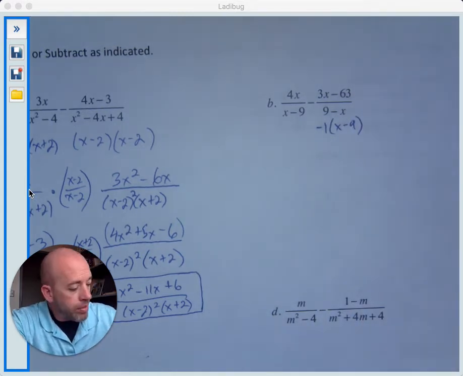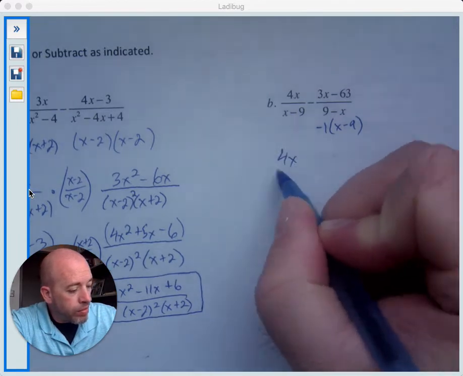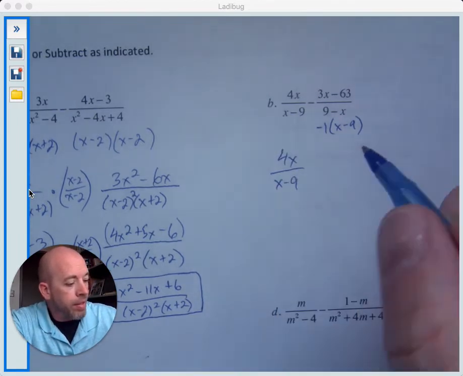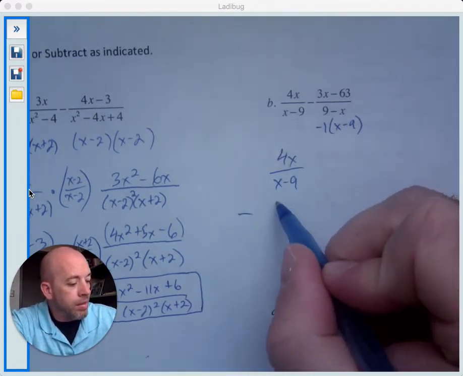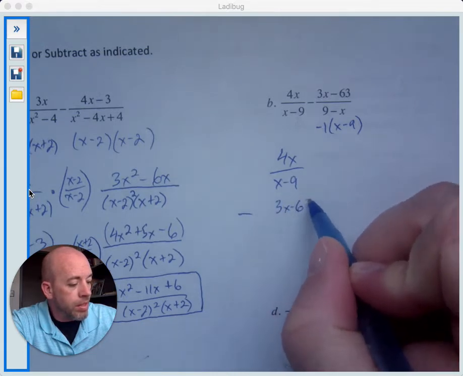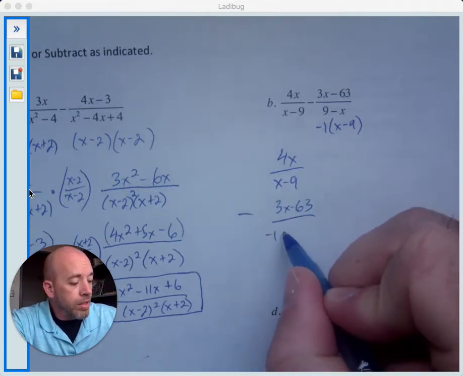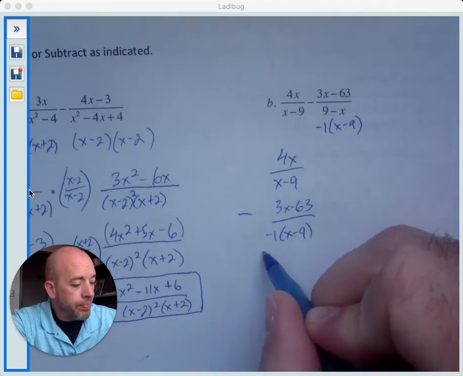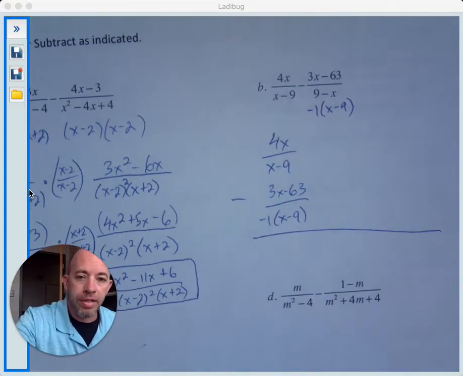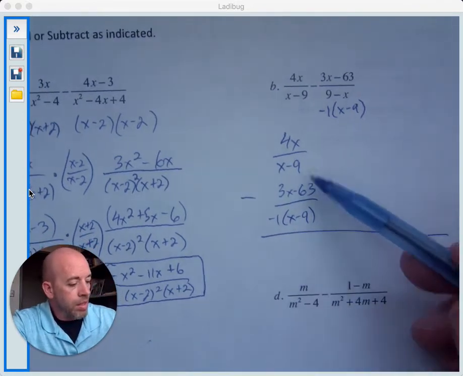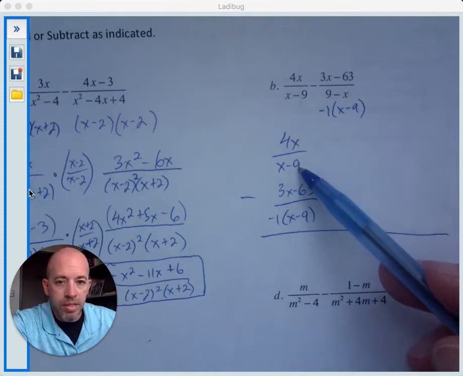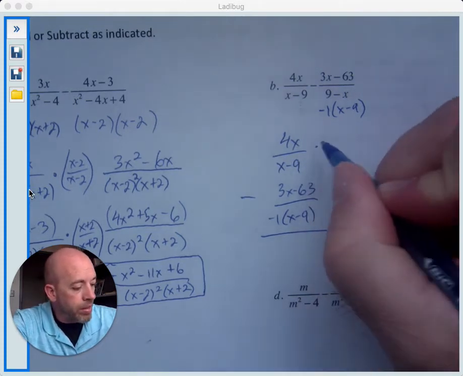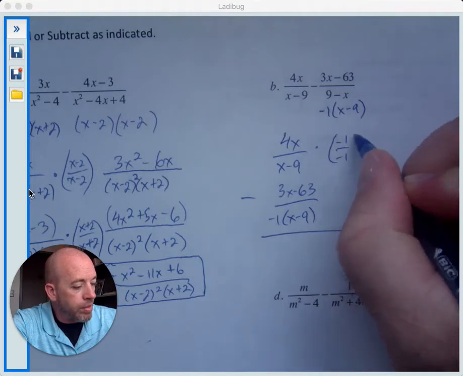Okay, and now let's write this vertically. 4x over x minus 9 minus 3x minus 63 over negative 1 times x minus 9. Alright, so let's see. The only thing we're missing up here is a negative 1, so let's multiply both top and bottom by a negative 1.